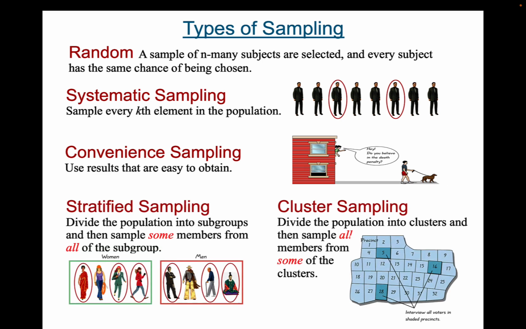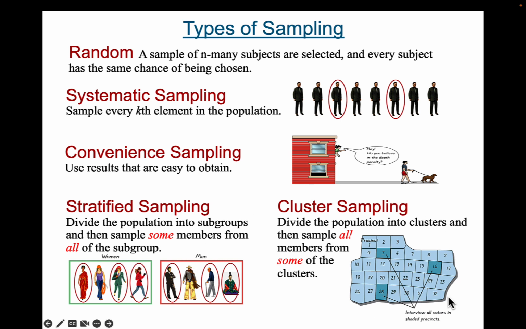Okay. Stratified sampling and cluster sampling. These two are often confused, so I want to present them at the same time. They're similar in that they group their population right off the bat. So for example, here we've grouped the population by women versus men. That's the common factor, women and men.